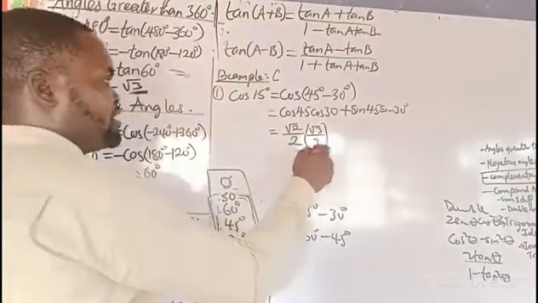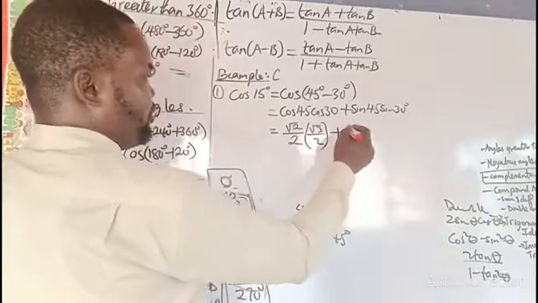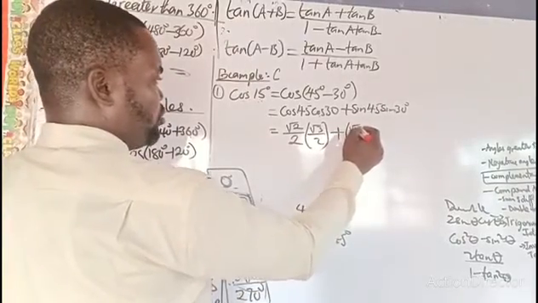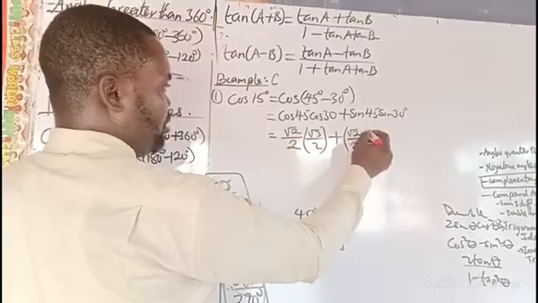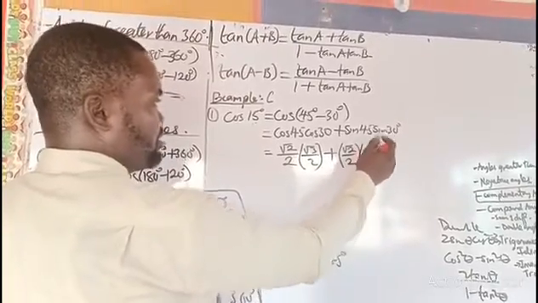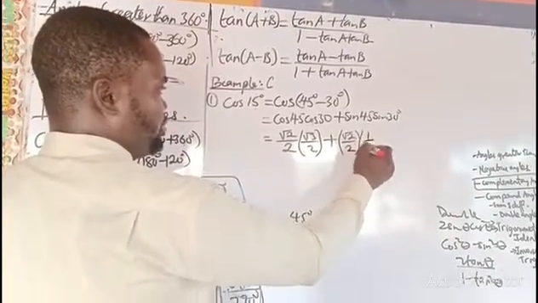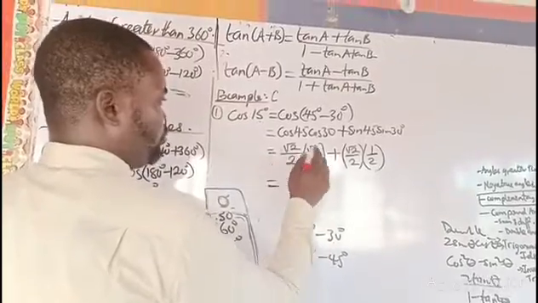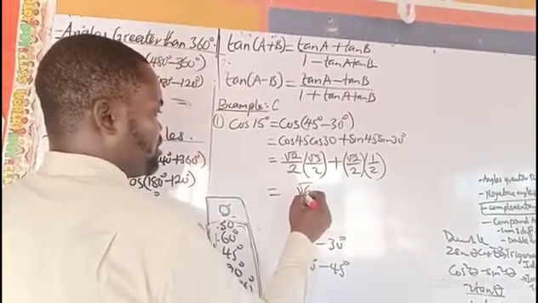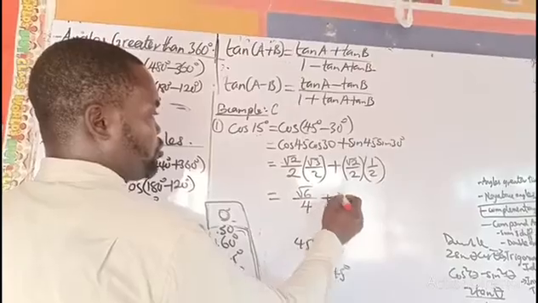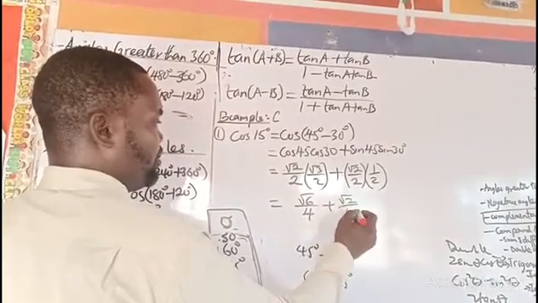That is why you need to know all these values. Then plus sine 45, which is also root 2 over 2. Sine 30 is 1 over 2. So root 2 times root 3 is root 6 over 4, plus root 2 over 4.